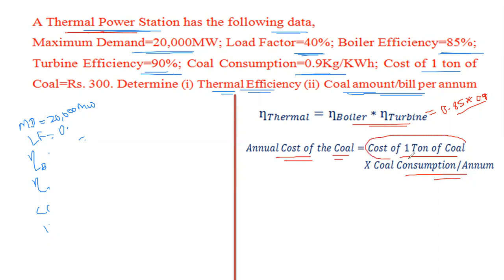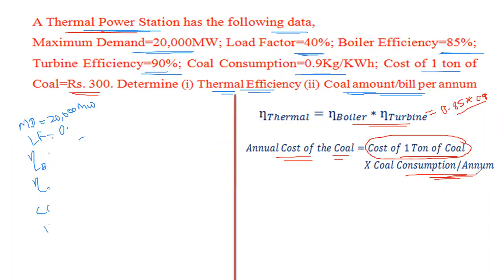For 1 ton of coal, the cost given in the problem is 300 rupees. How much coal is utilized to generate the power? The maximum demand is 20,000 megawatts. We need to generate for 1 year. There is base load and peak load, but on an average the coal utilization will be different, that is how much coal is utilized per annum.